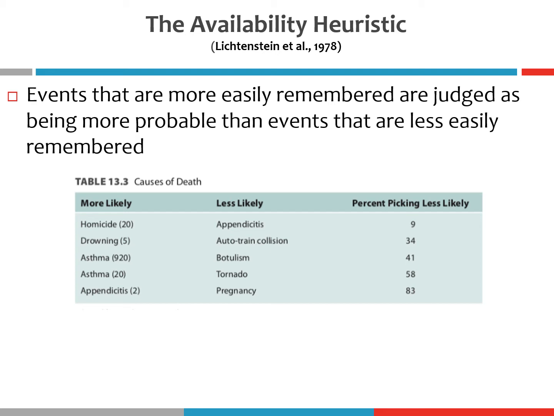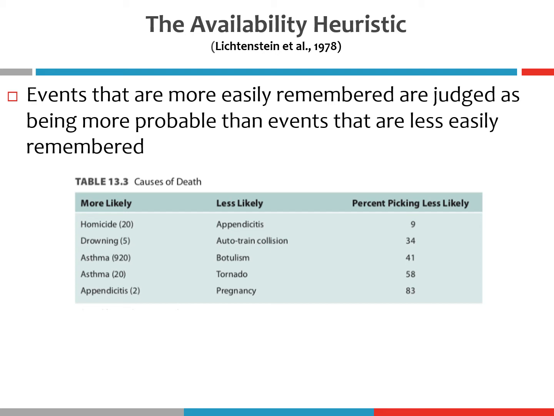So what is happening here? Well, these causes of death are often front page news. So when somebody dies in a tornado, there's all sorts of media generated where you can see collapsed houses, and it just receives a lot of attention by various news outlets.